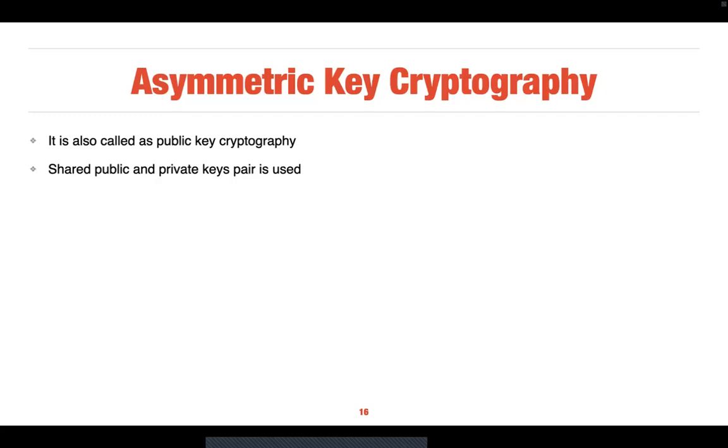The public key can be shared, but there is a private key paired with that public key, which should be only with that particular client. If he has that private key also, then only he can connect with the server. So it is the public and private key pair method.